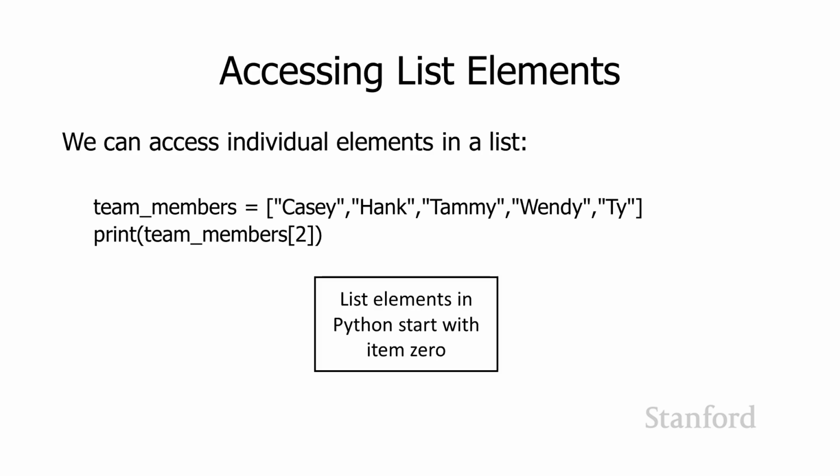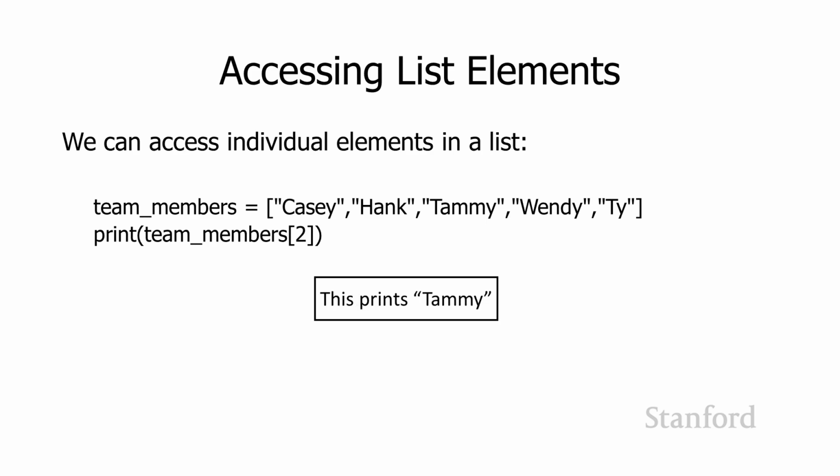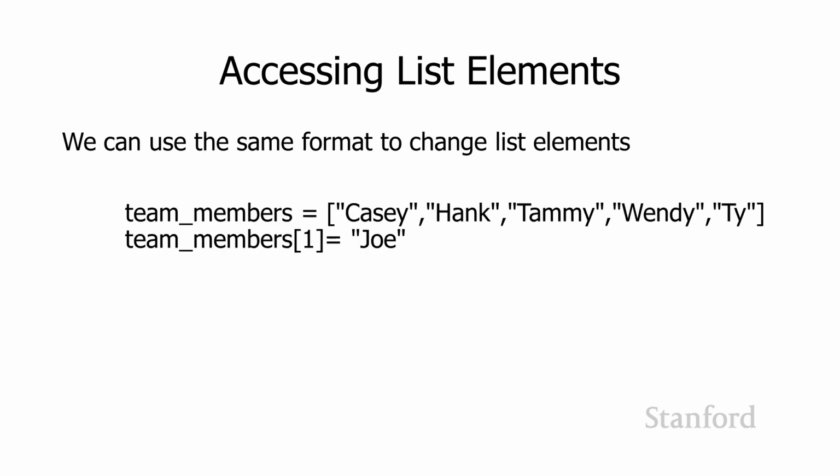Now, you might think that that's going to be Hank, but actually it isn't, because it turns out that Python and many other programming languages, but not all programming languages, start numbering lists with 0. So in this case, Casey will be item 0, Hank will be item 1, and Tammy will be item 2. So this will actually print the string Tammy.